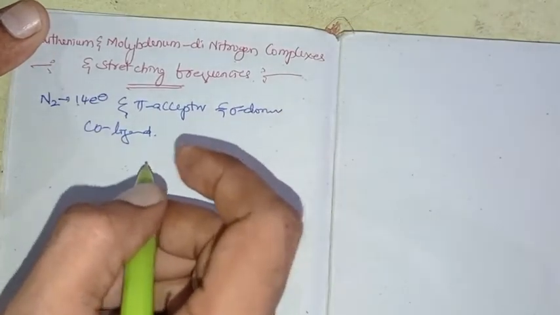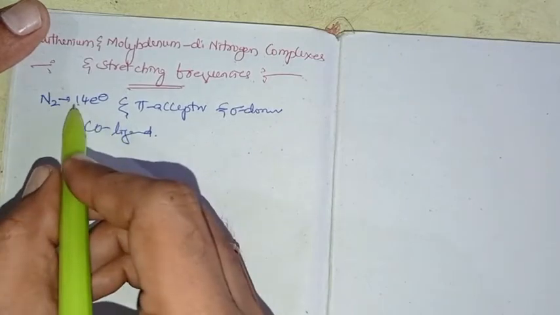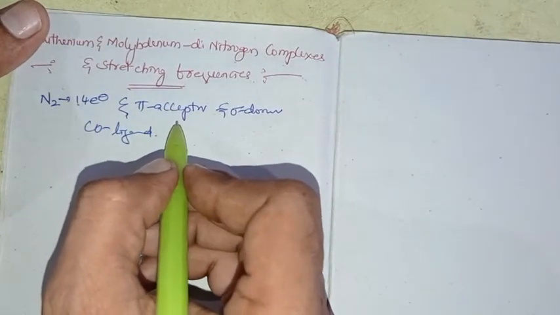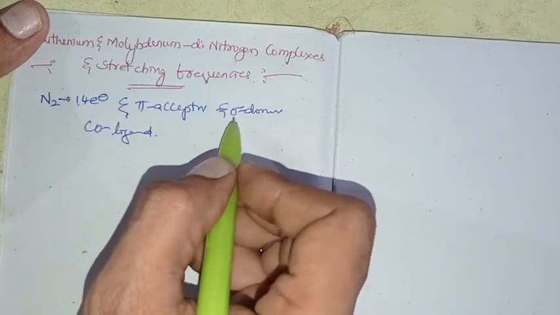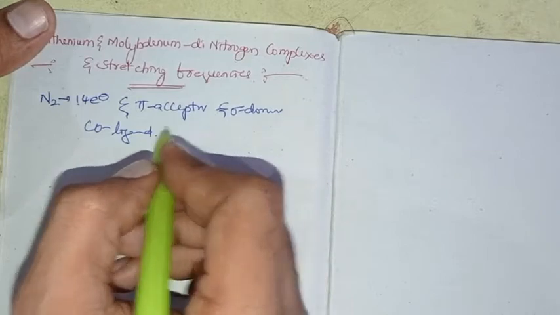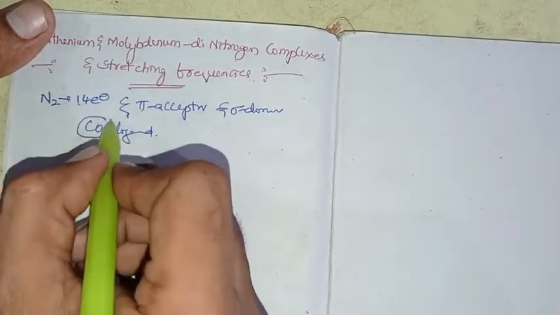Similar to the carbonyl ligand, dinitrogen is also a 14 electron moiety and has pi acceptor and sigma donor nature. So we can expect ligational characters such as those of carbonyl.